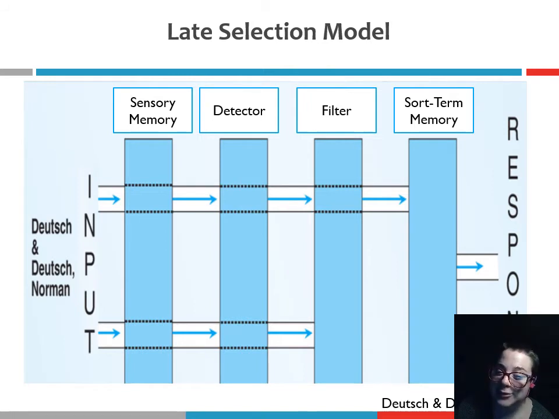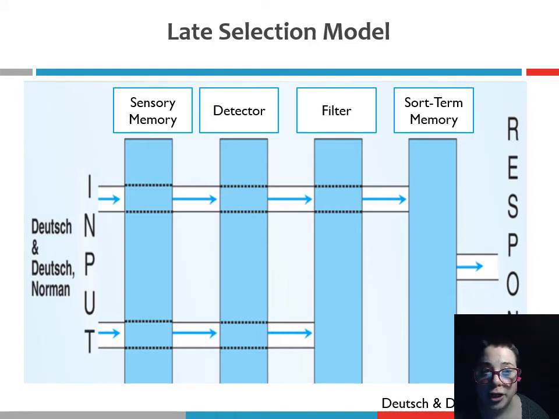But next we have that handy dandy detector, the detector that allows for higher level or meaning-based processing. And that detector is going to take all the incoming information in sensory memory from both the attended channel and the unattended channel and process it for meaning, okay?